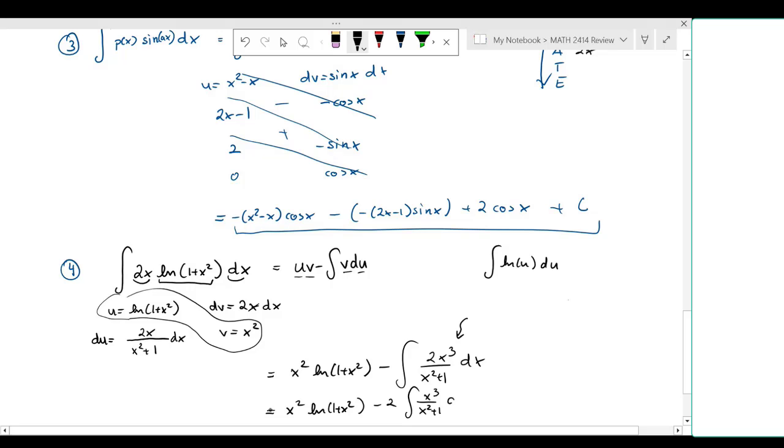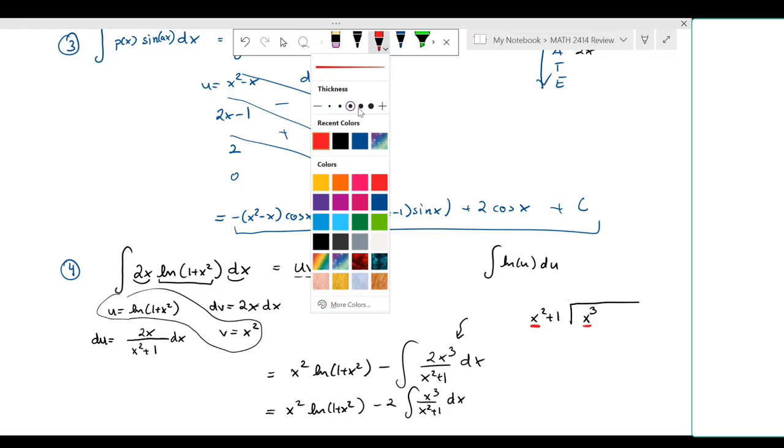So I'm just going to factor out the 2. And then we're dividing x cubed by x squared plus 1. And we just look at the highest powered terms to decide what to do, right? So we look at the x squared over here and the x cubed over here. And what times x squared gives you x cubed?